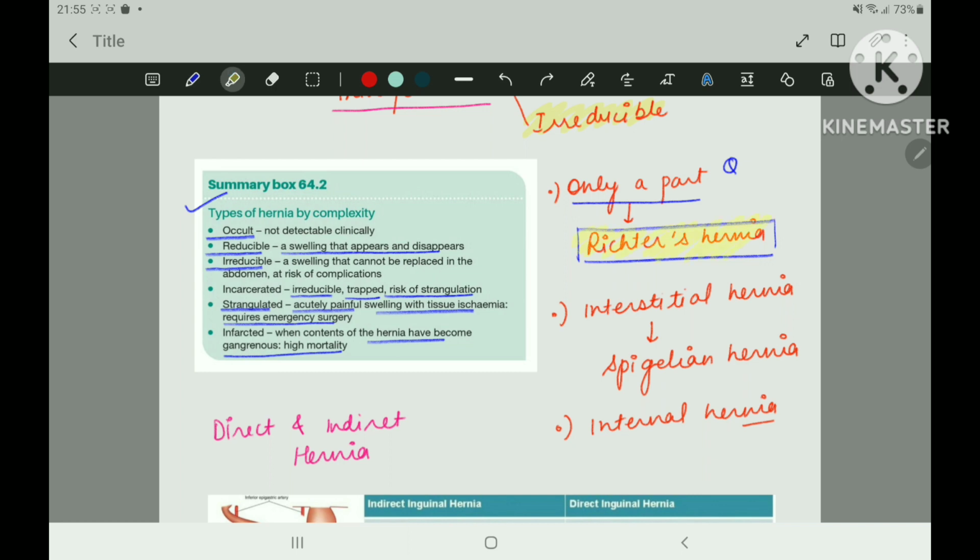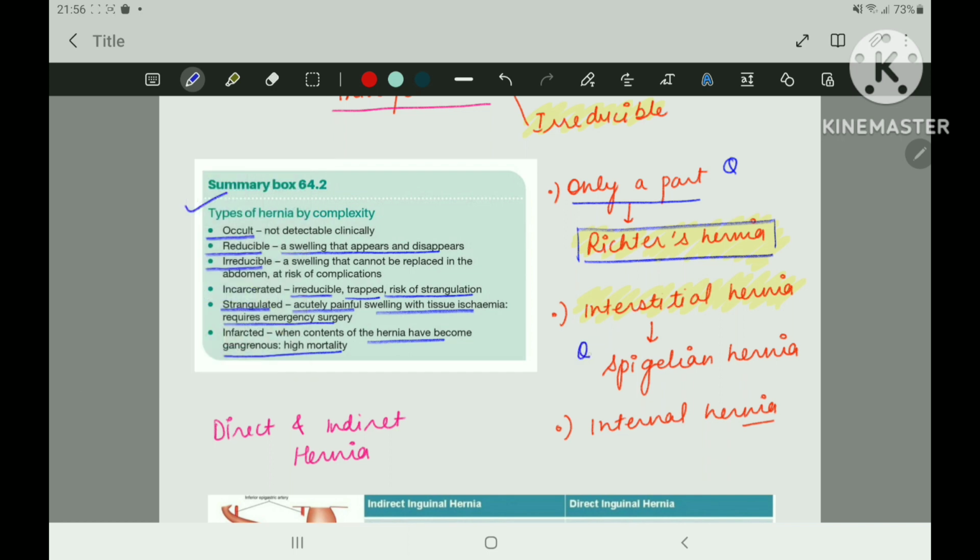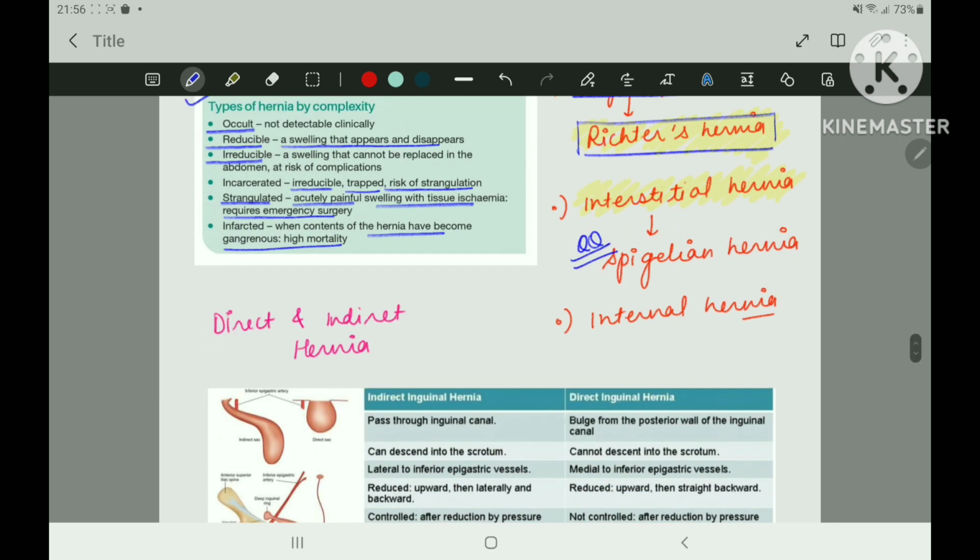Or it can be in the form of an interstitial hernia, that is, from between the layers of the musculofascial layers. One of the common hernias that is known is the esophageal hernia. Then internal hernias are a different topic, which we will talk about separately.